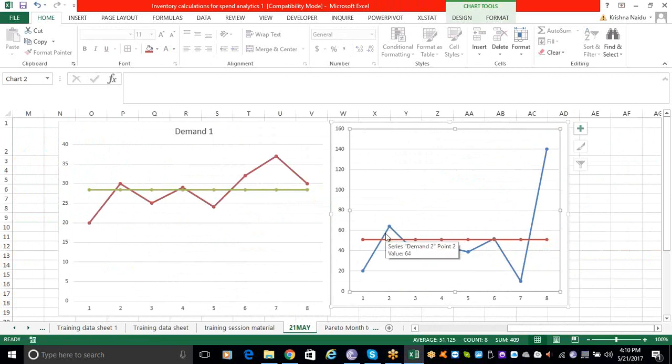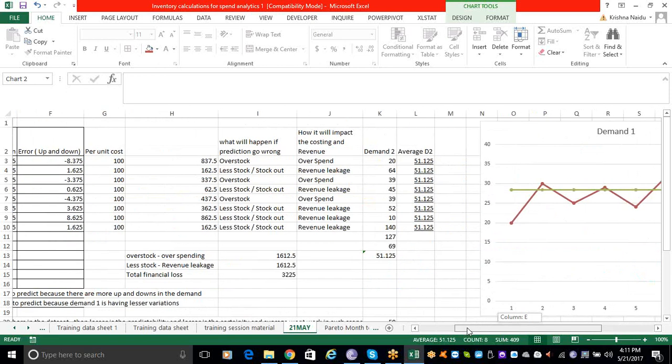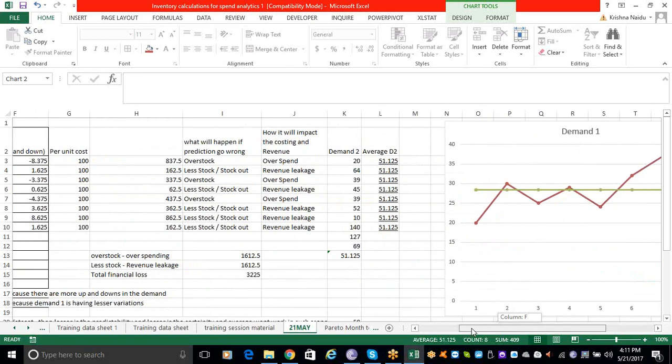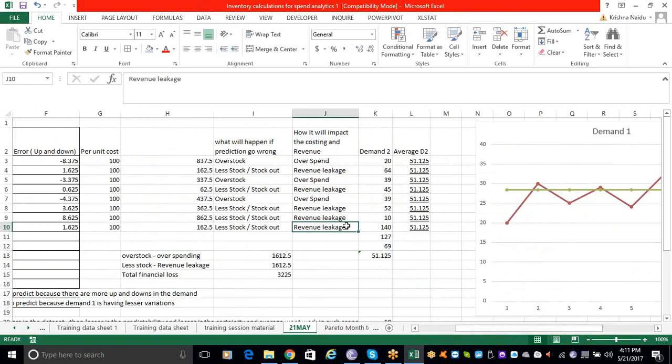But the first, the seventh and the eighth points are very far from the average. Just because of the numbers 140 and 120, my entire average is going wrong.